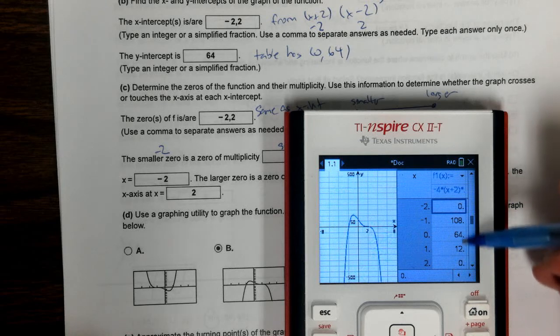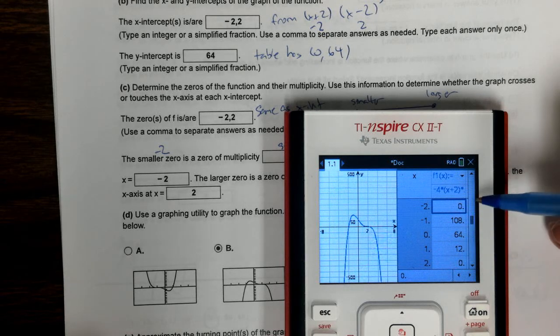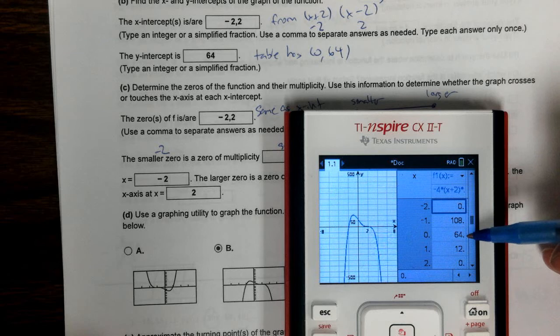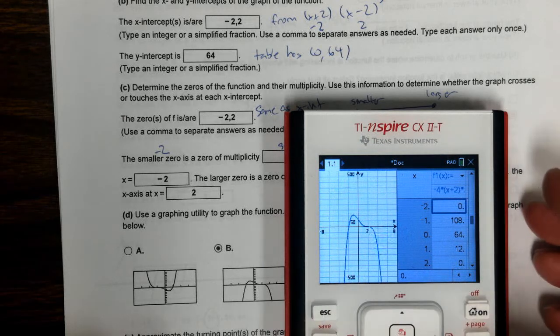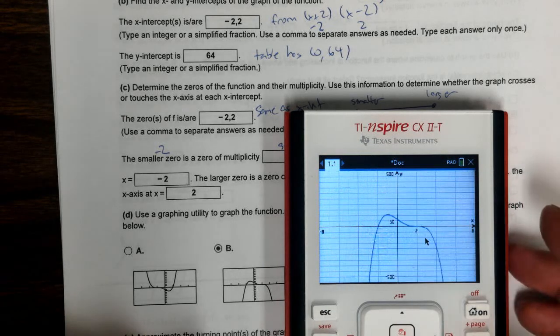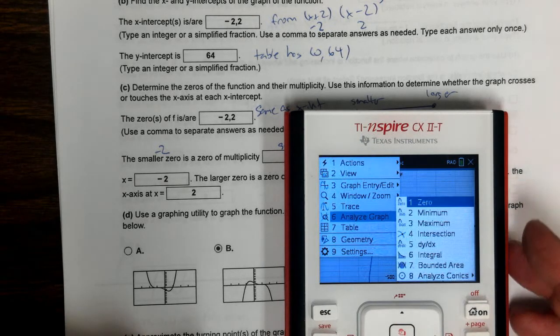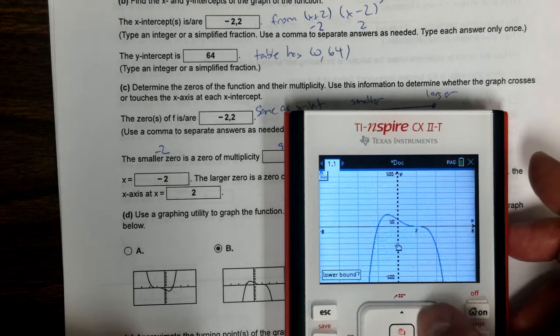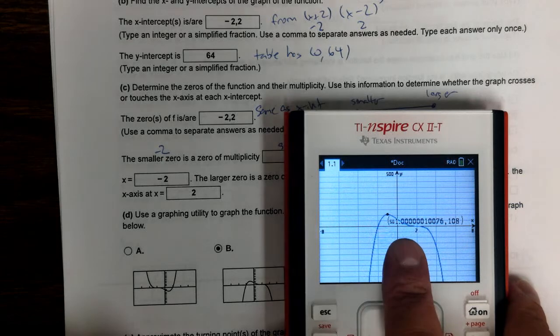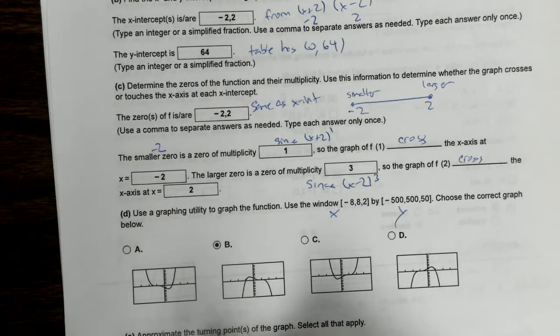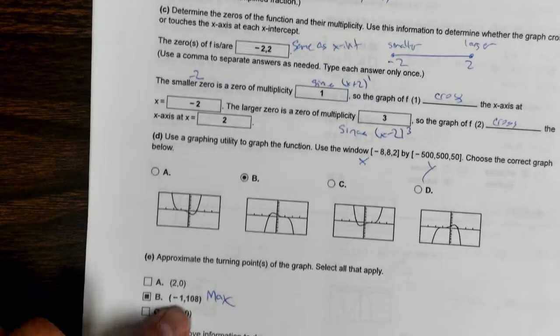So somewhere between there it had to have a turning point when it went from low to high, back down to low. And so if we look at our maximum, menu, analyze, maximum, between here and here, our max is negative 1,108. And so your turning point is indeed your maximum.